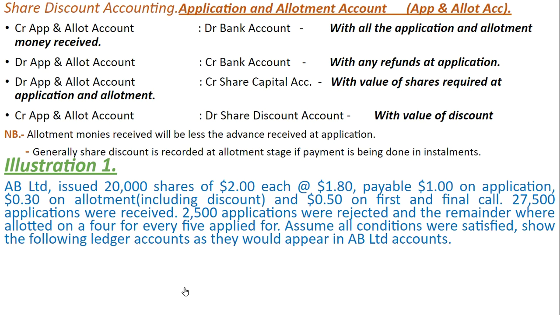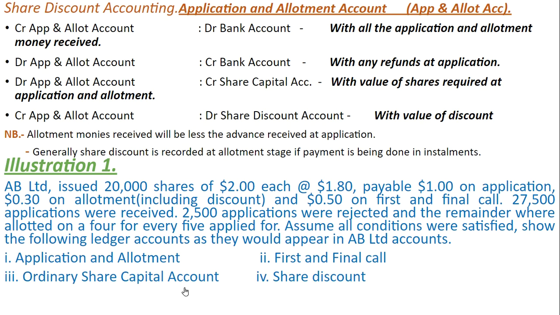Assume all conditions were satisfied. Show the following ledger accounts as they would appear in AB Limited accounts: application and allotment account, first and final call account, ordinary share capital account, share discount account, bank and balance sheet extract.